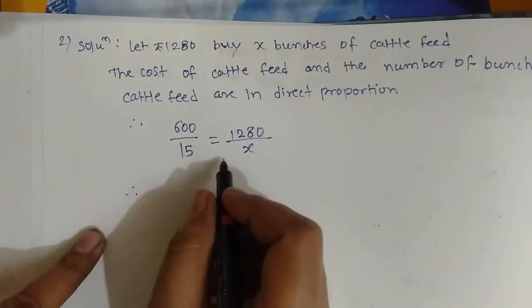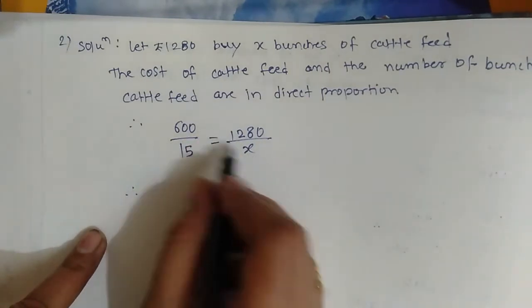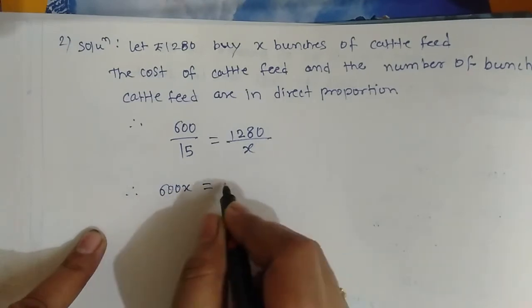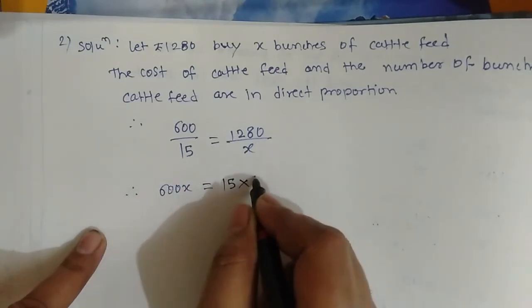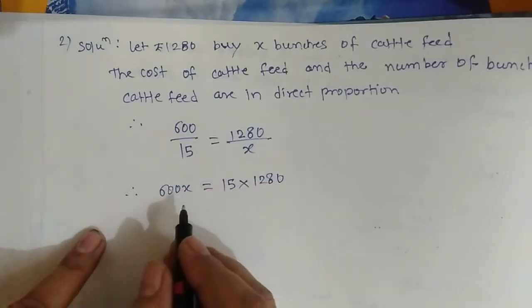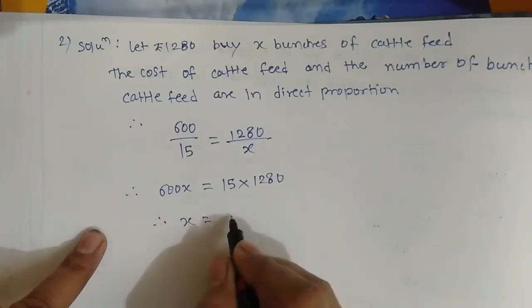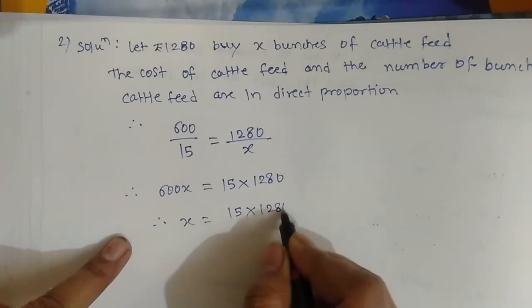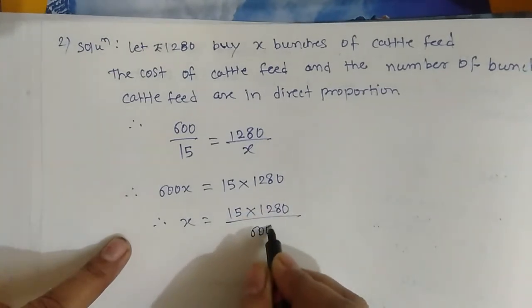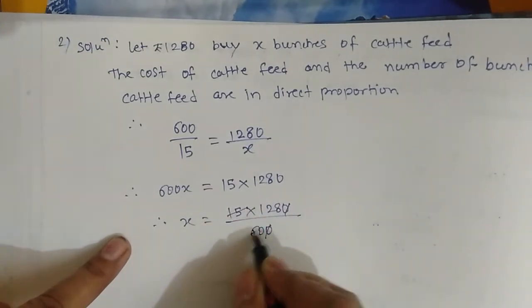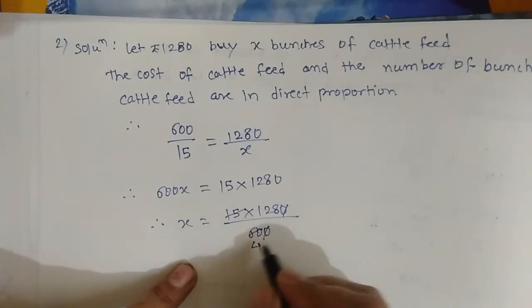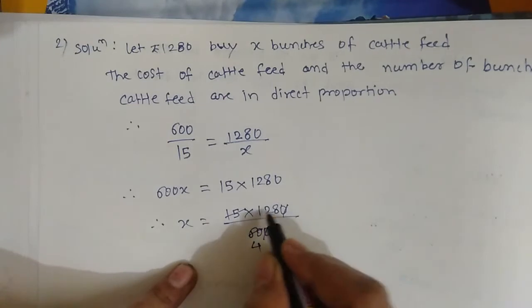So, now solve this by using the cross multiplication. 600x is equal to 15 multiplied by 1280. So, therefore, x is equal to 15 multiplied by 1280 upon 600. So, this 0 cancel. 15 4s are 60. Now, this 4 is divided by 128.